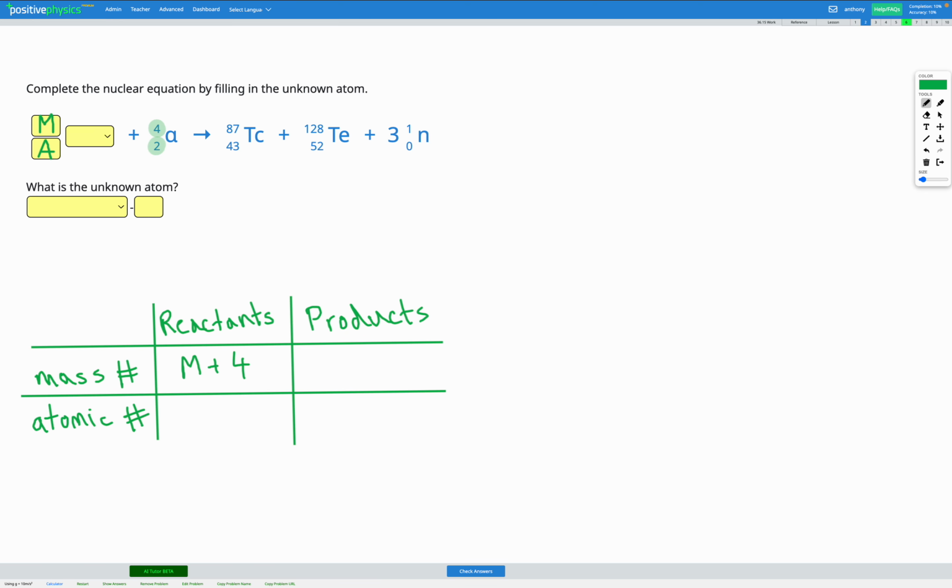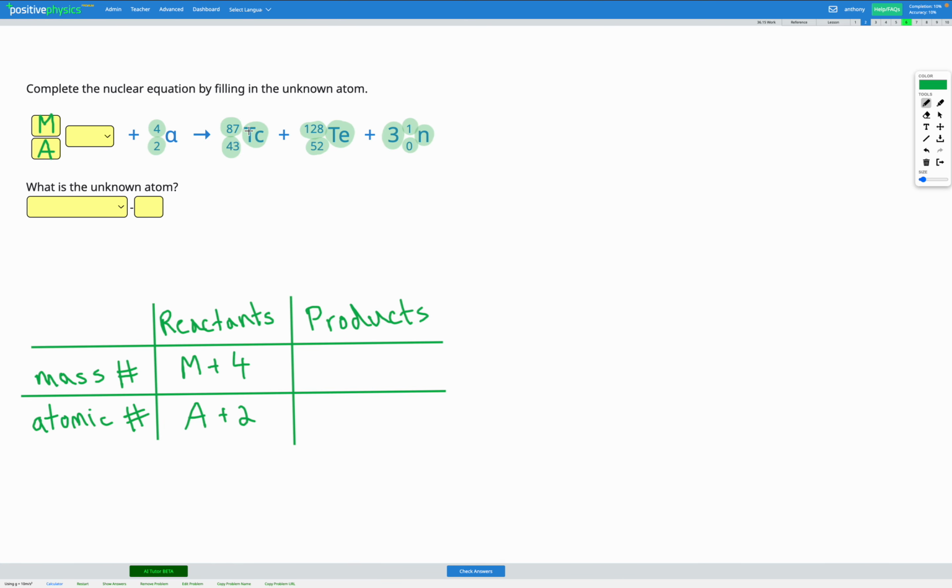And in our reactants for the atomic number, we have A plus 2. Then for our products, we've got, for this nucleus, 87 mass and 43 atomic. For this nucleus, 128 mass and 52 atomic. And we've got 3 neutrons, which have 1 for the mass and 0 for the atomic number.